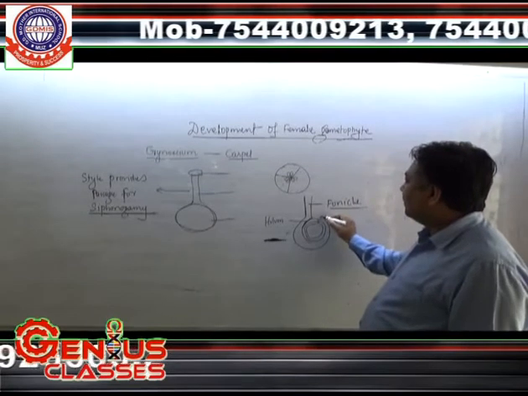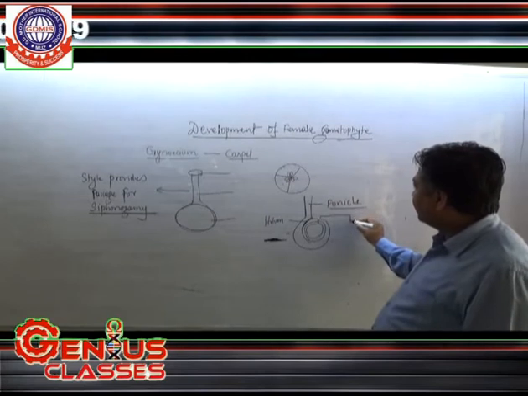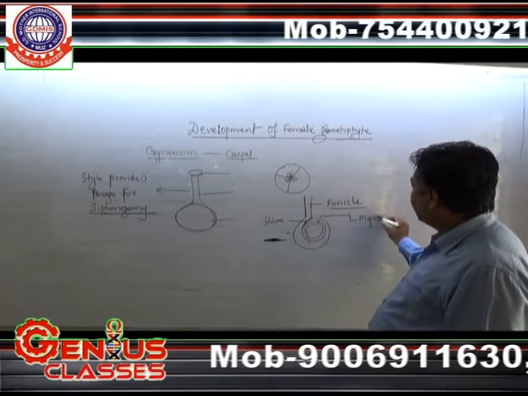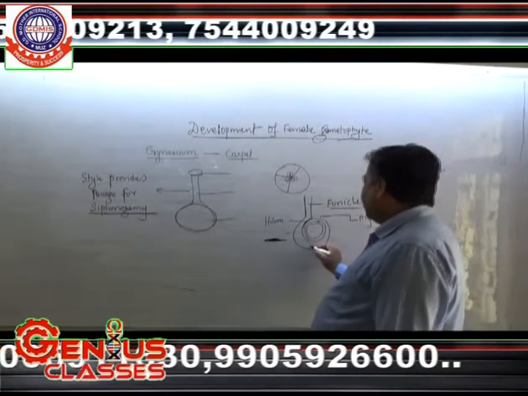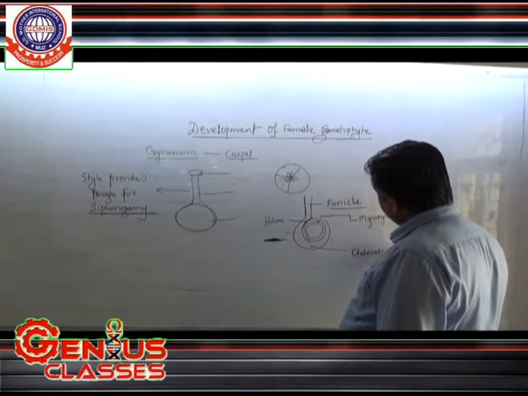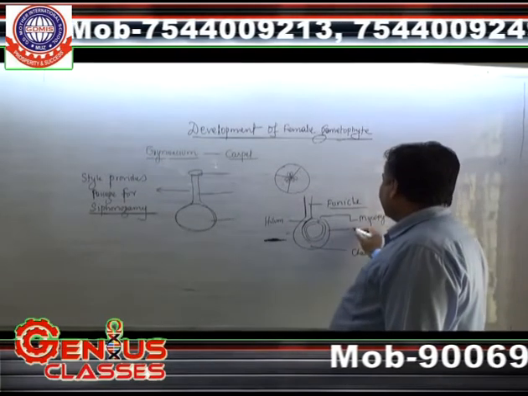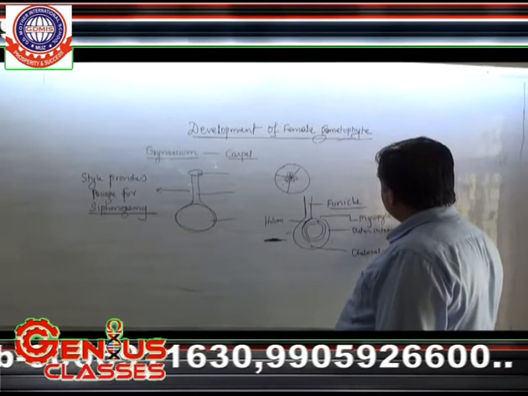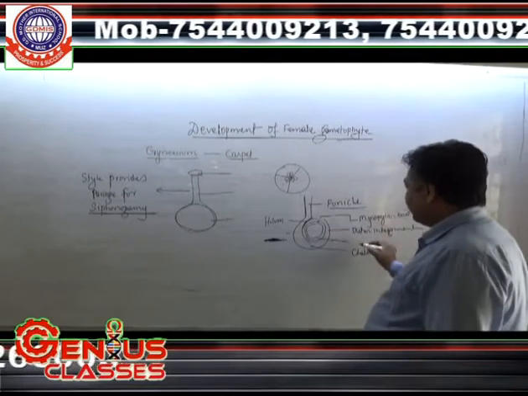This is the micropylar end. This is called the chalazal end. There are two layers of integument, the outer integument and this one, the inner integument.